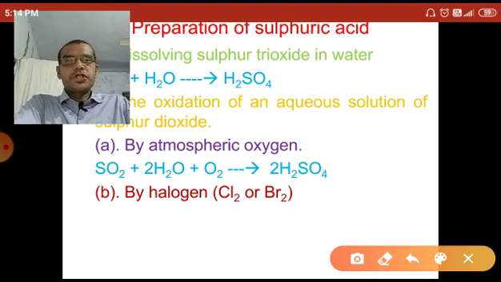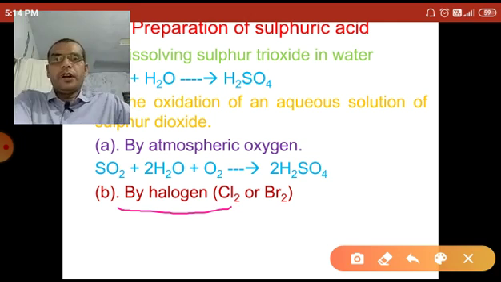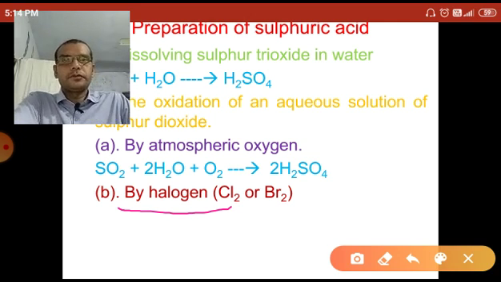Now the next is oxidation by halogens. Halogens, as you know, are the elements present in the 17th group of the periodic table, such as fluorine, chlorine, bromine, iodine.